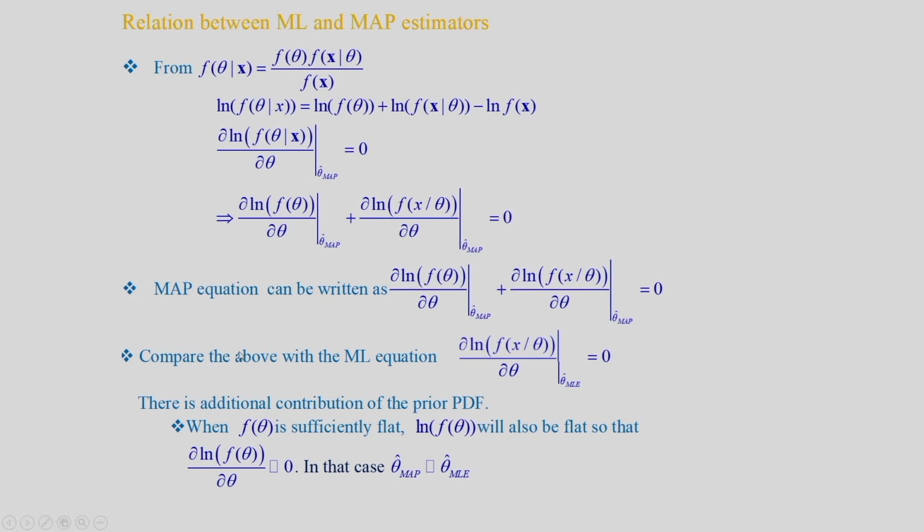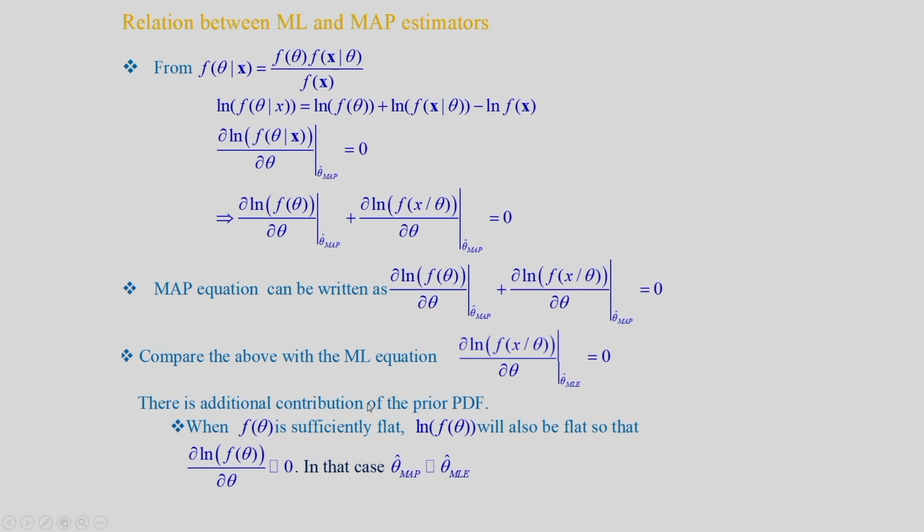And if we examine the ML equation, this is simply del theta of log likelihood function at theta hat MLE is equal to 0. So, we see that this expression contains this term, but it has one additional term.